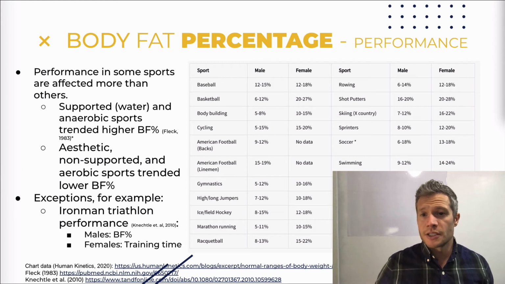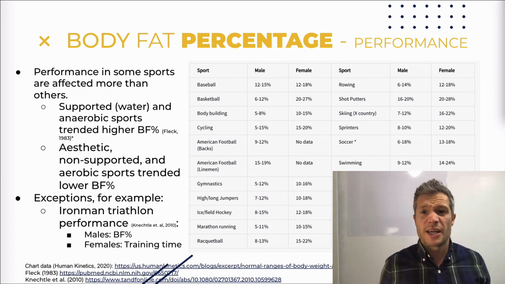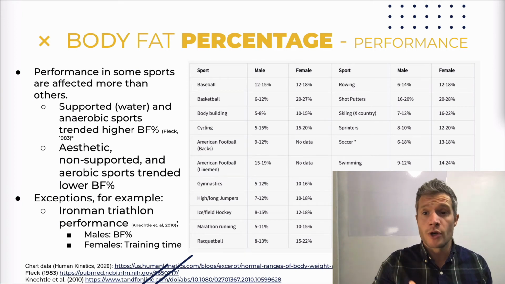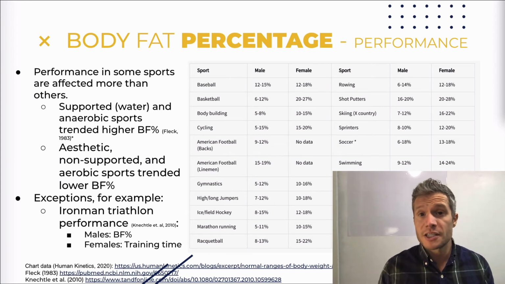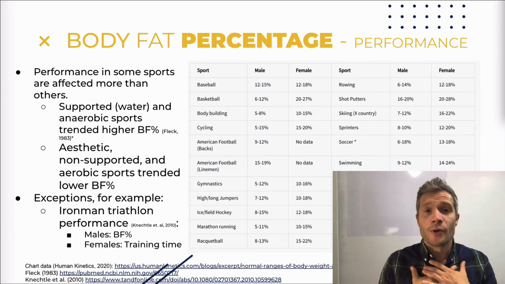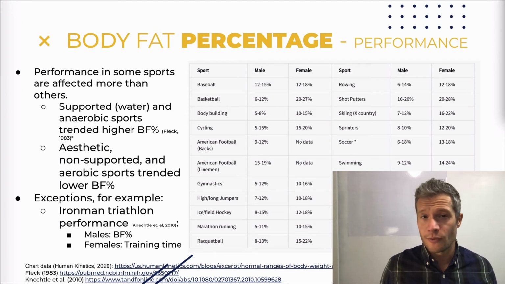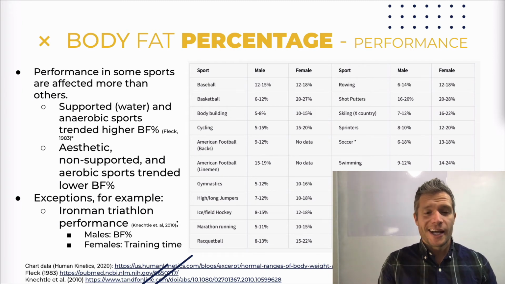Shot put is a throwing sport. You don't need to carry your body weight anywhere. In fact, the more body weight you have, the more momentum you can put behind a shot put. In comparison, in marathon running, you have your own body weight that you have to carry with you for 42.2 kilometers. The less weight you have to carry, the better.